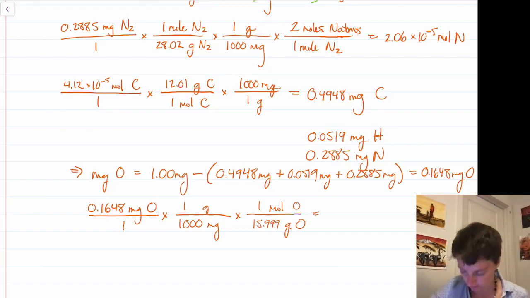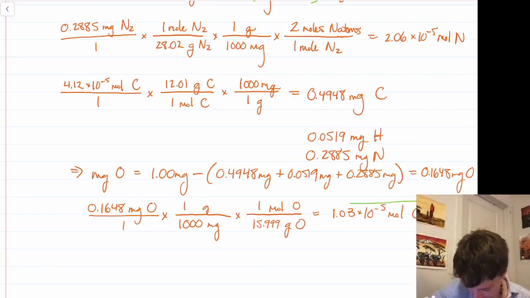And that's going to help me determine that the number of moles of oxygen that I have is 1.03 times 10 to the negative 5th moles.